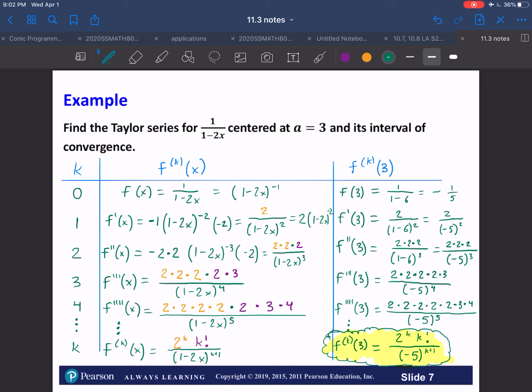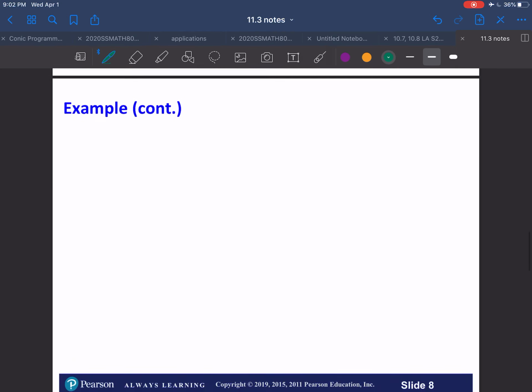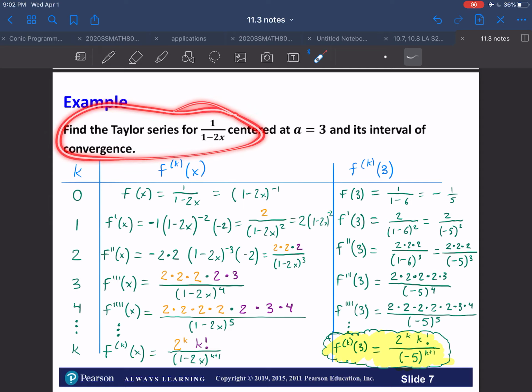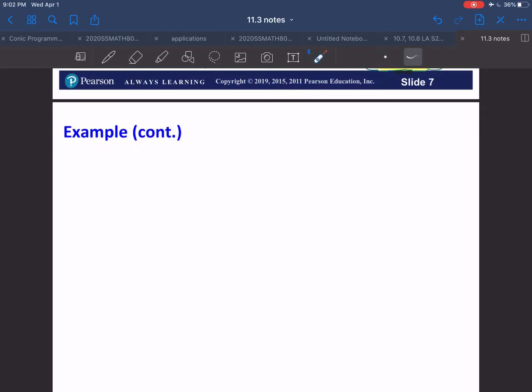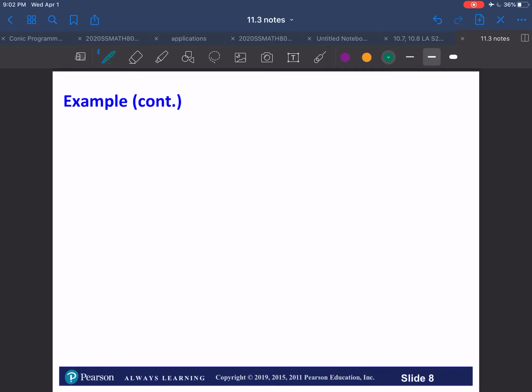Okay, so the reason that we were looking for this thing was because we need to write, remember what the question was? I know that was a long time ago. We were trying to find the Taylor series for this function. And in general, a Taylor series is written like this. So let me go back to blue.